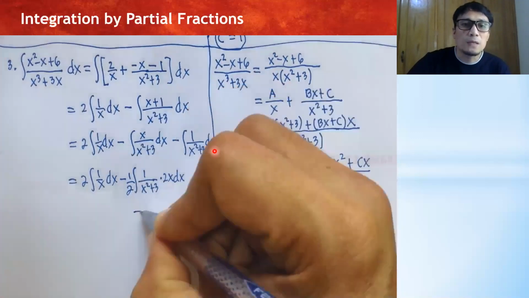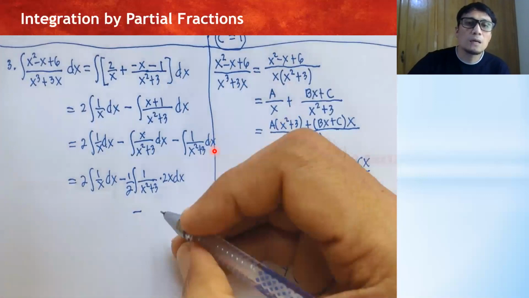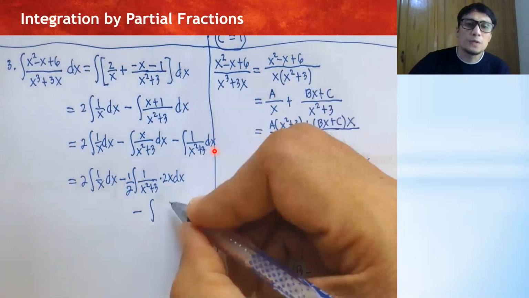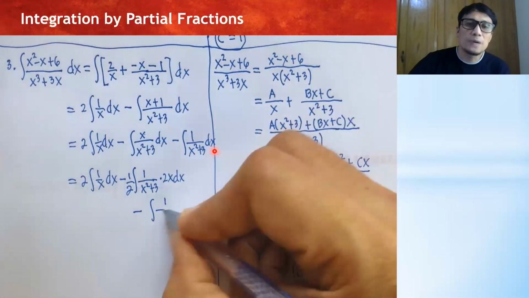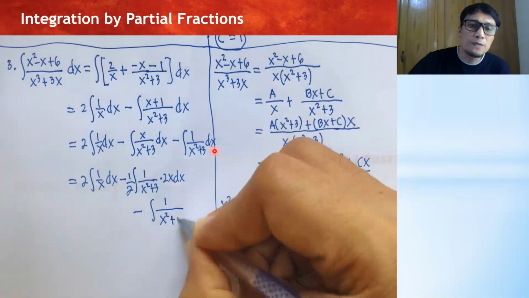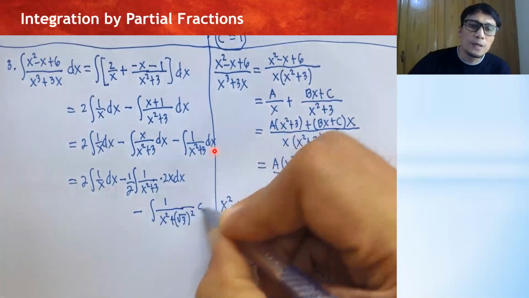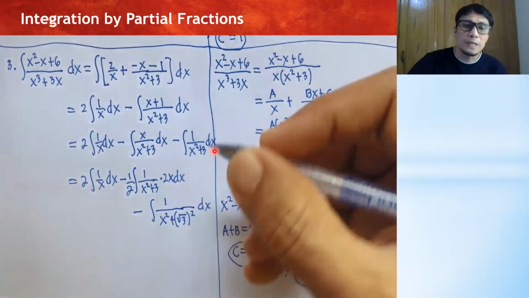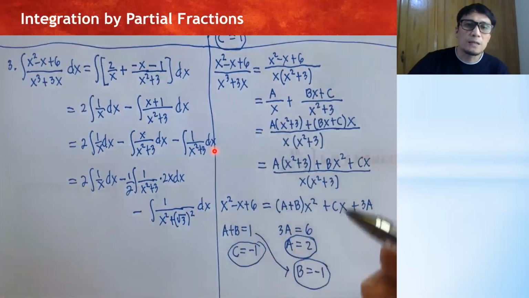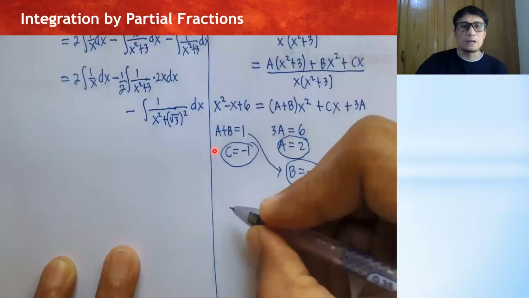And then the last one is, no matter what we do, we cannot provide the x, the du for the denominator. So, but this is of the form x squared plus square root of 3 squared dx. Okay, the reason for doing that is we can use later the formula for arc tangent, right?